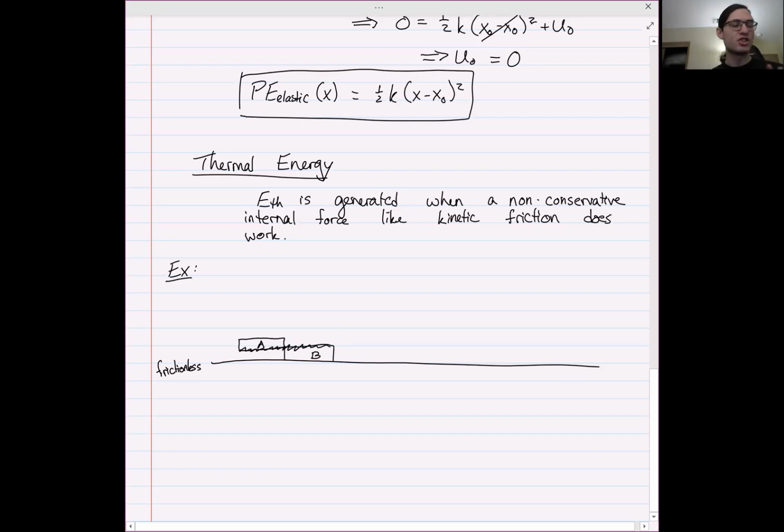Initially, B is stationary, and A is just overlapping on B, and then you push it. So you start off with only A moving, with some speed v_i, and this is the books right before contact, or maybe right as they make contact.